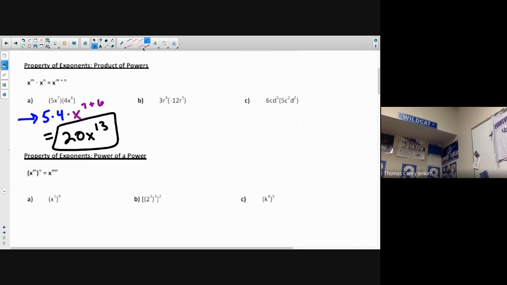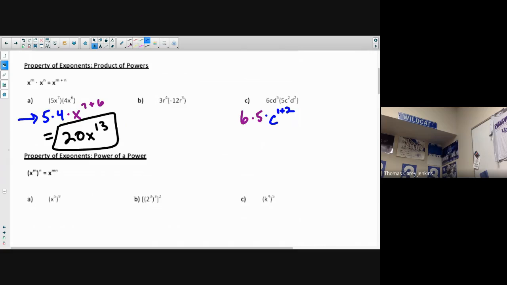I'll just pick one more of these to do. Let's look at maybe C. The coefficients, we'll group those together and think about those as almost like terms. The C part, we have c to the 1 times c to the 2, so that'd be c to the 1 plus 2.